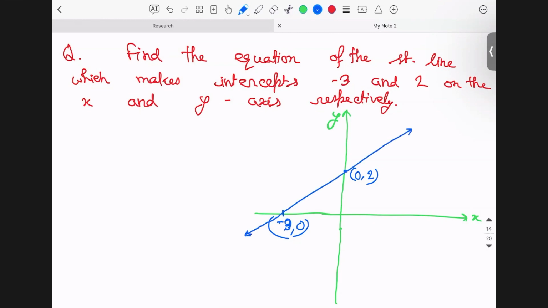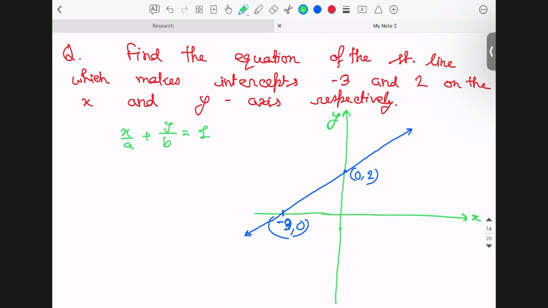Now recall that we have discussed the intercept form of the equation of the straight line: x by a plus y by b equals 1, where a equals -3 and b equals 2.